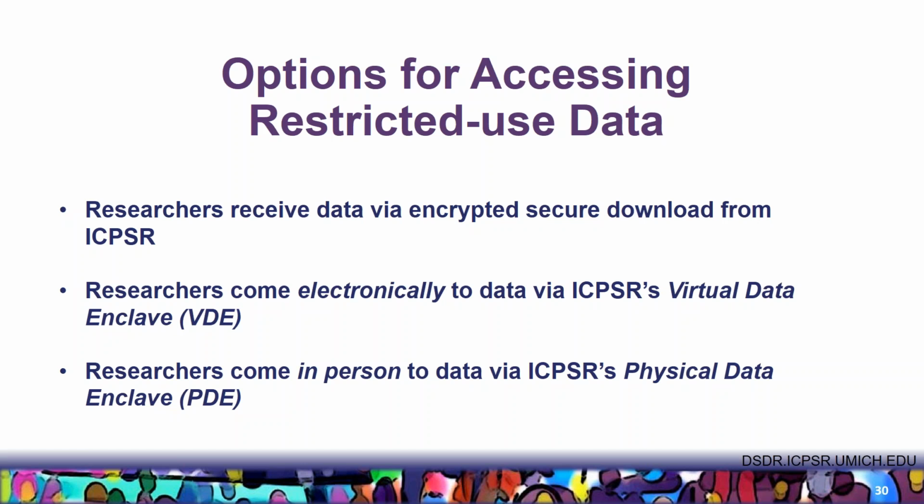And the third way is that researchers have to come in person to Ann Arbor and use the data in ICPSR's physical enclave. Now, typically, each of these is more secure, with the physical enclave being the most restrictive, and data match this. Data that require the most protections have to go in the physical enclave, and so on.